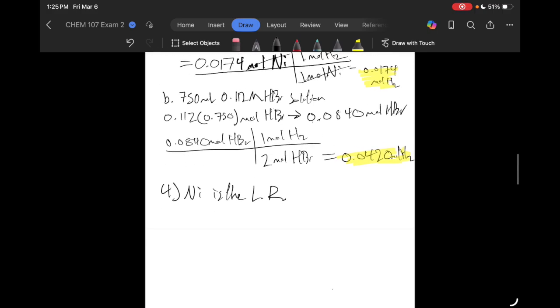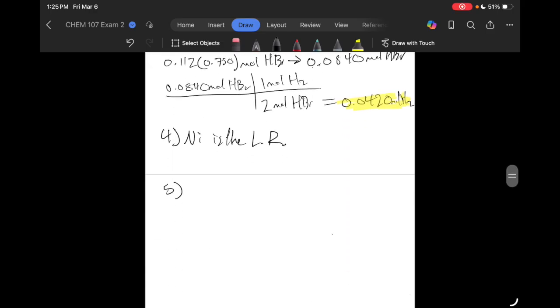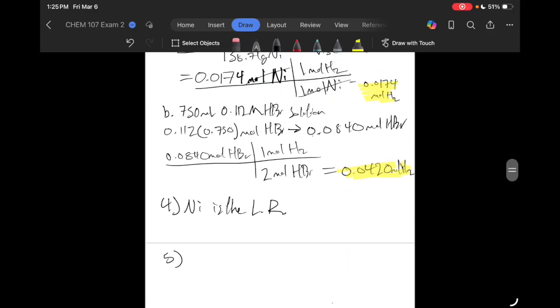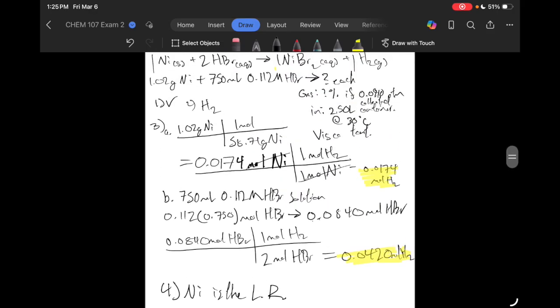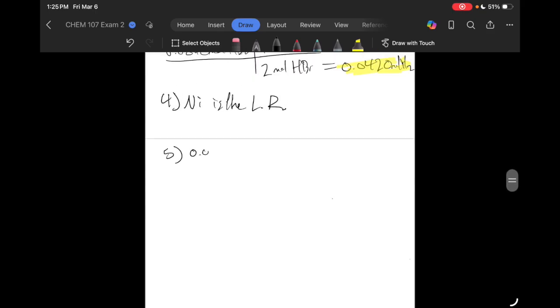Okay. So now step 5, using that limiting reactant that we just found, how much of the other products will we form? Well, we already found H2, so we just need to find how much NiBr2 we are going to produce. Same as before. So we have 0.0174 moles of nickel.